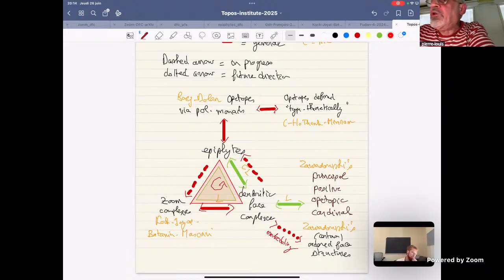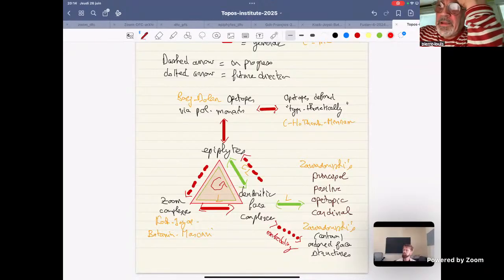So we are not going to go into Zawadowski's work, but you can see this picture as one outcome of this work: relating Zawadowski's combinatorial approach with the approach of zoom complexes and also the approach of Baez-Dolan. So the idea of the whole work was to connect different lines of work with quite different formalisms.